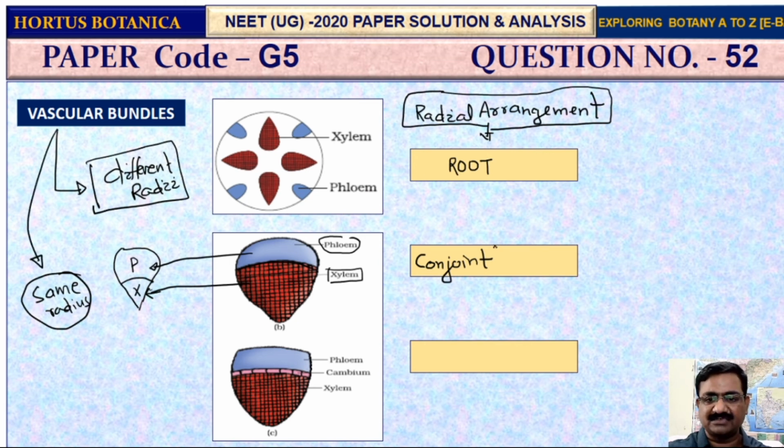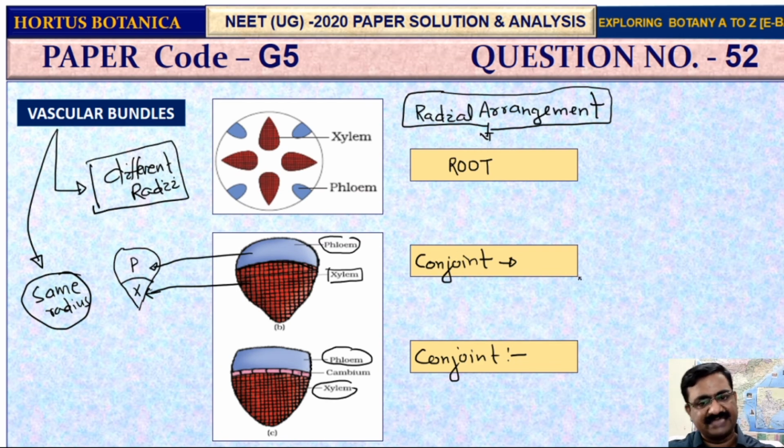The vascular bundles of stem will usually be conjoint. Here also we find the phloem and xylem on the same radius, so it is also conjoint. So if we have a vascular bundle that is conjoint, then it is confirmed that it is a stem.